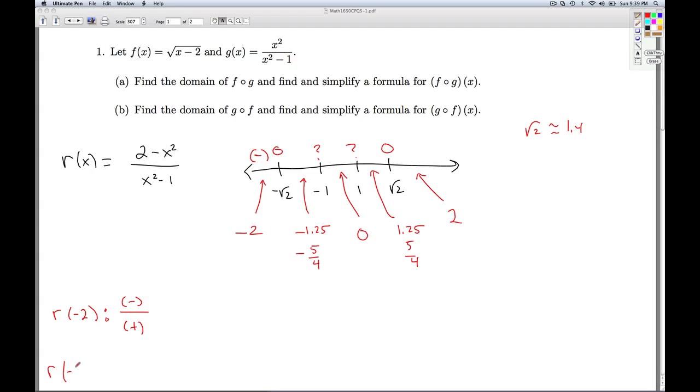Let's look at r of negative 5/4. Plug a negative 5/4 into x and square it, I get a positive 25/16. So I get 2 minus 25/16.